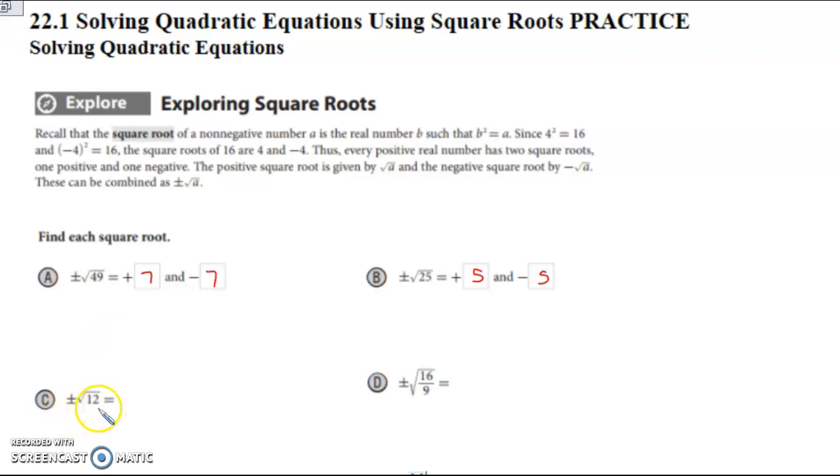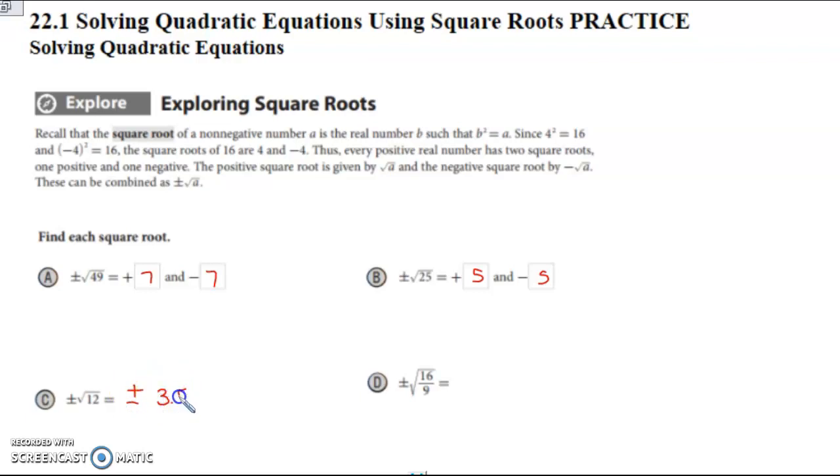Square root of 12. Is 12 a perfect square? No, it is not. If we were to do that, we would come up with a decimal. So when I plug the square root of 12 into my calculator, I get 3.464. It may ask you to round to the nearest tenth.